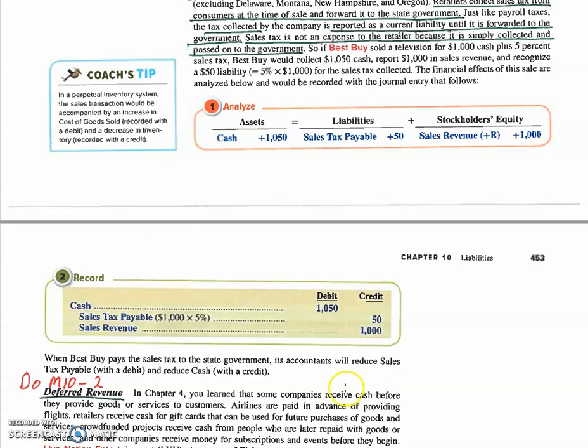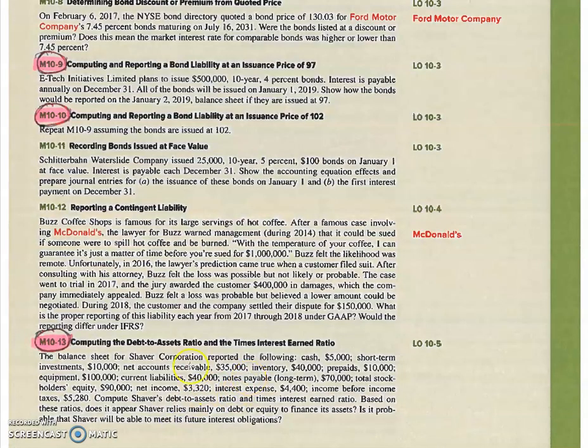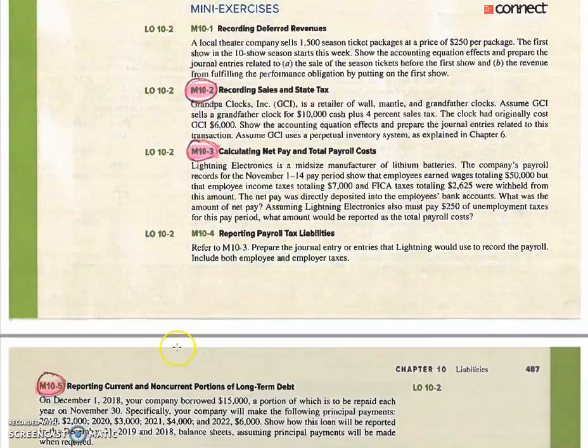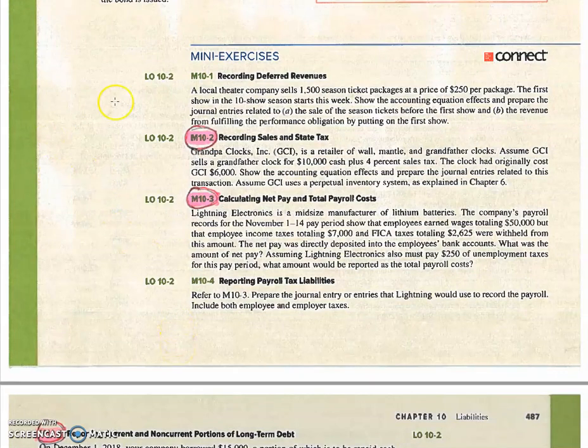Okay, so let's do a homework problem. We go up here to mini exercise 10.2. Grandpa Clocks Inc., GCI, is a retailer of wall, mantle, and grandfather clocks.